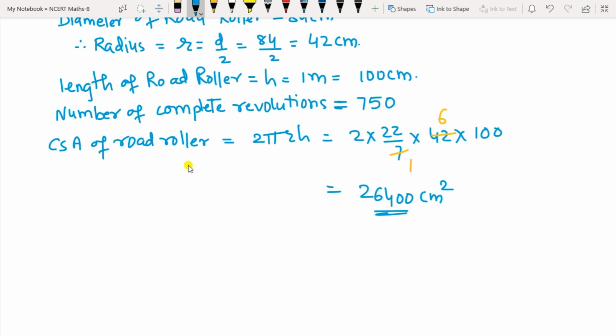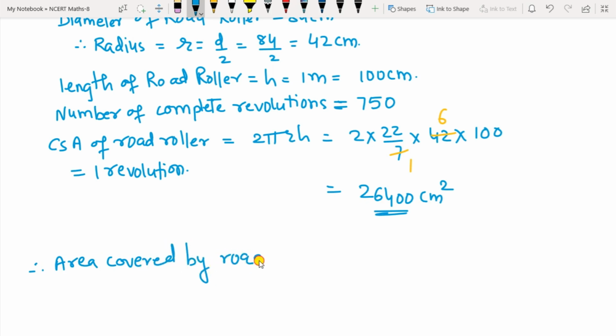Curved surface area means 1 revolution. So this is the area covered in 1 revolution. Now they have taken 750 revolutions. Therefore the area covered by the road roller in 750 revolutions will be equal to what?